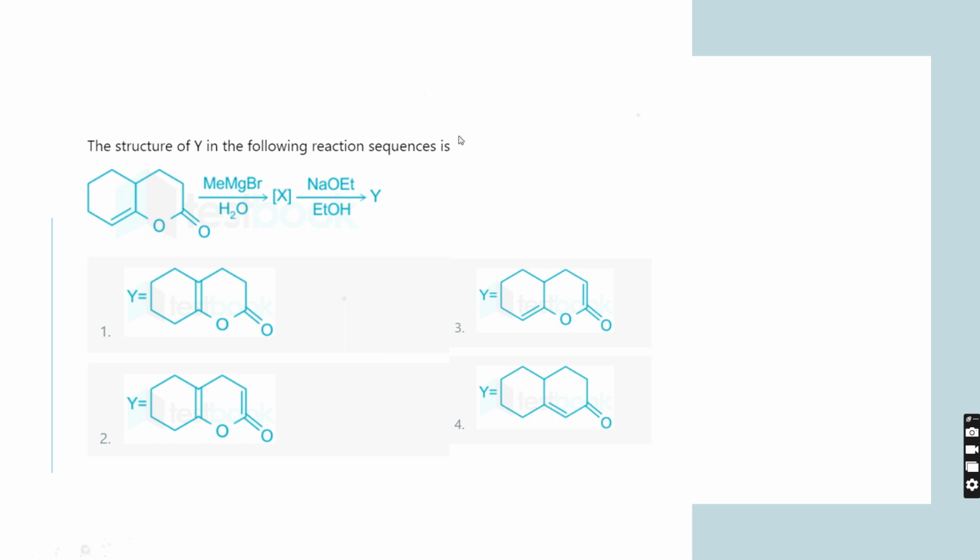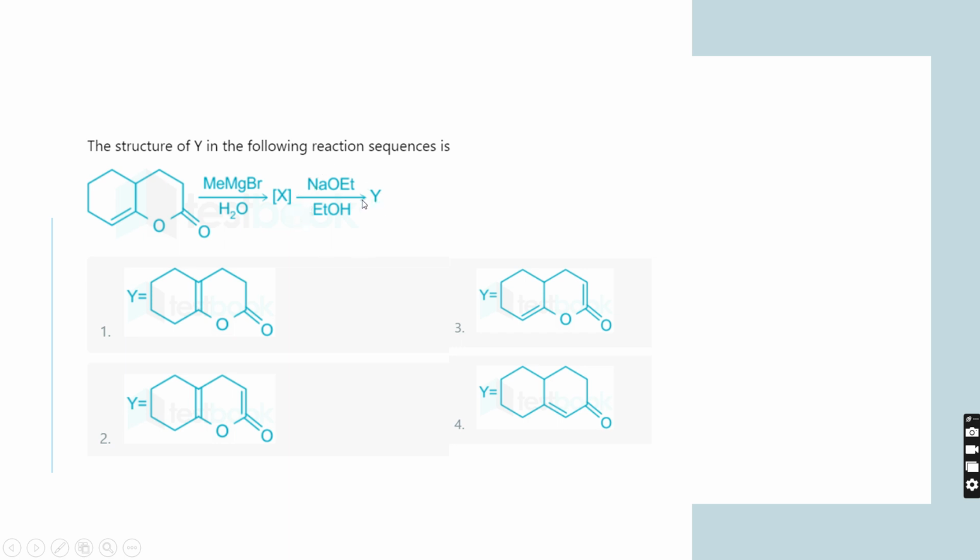What will happen if we treat this cyclic ester with methyl magnesium bromide in the presence of water to get product X first, and then in the subsequent step we treat product X with sodium ethoxide in ethanol.